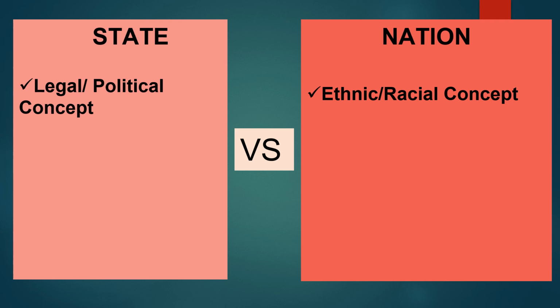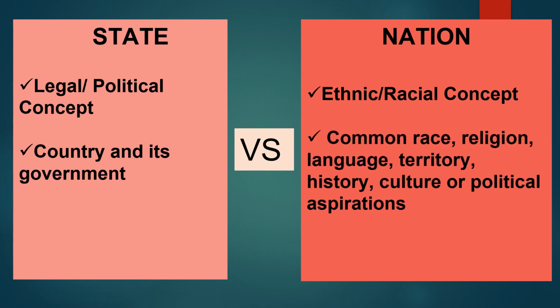When we talk about a nation, it refers to an ethnic or racial concept. State means the country and its government, while nation means a common race, religion, language, territory, history, culture, or political aspirations.